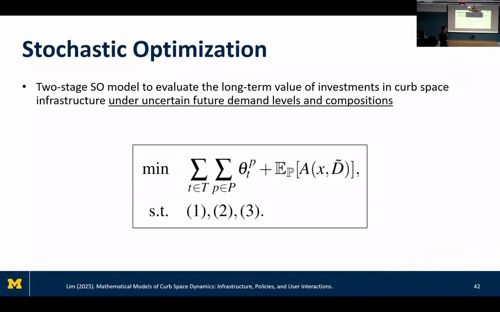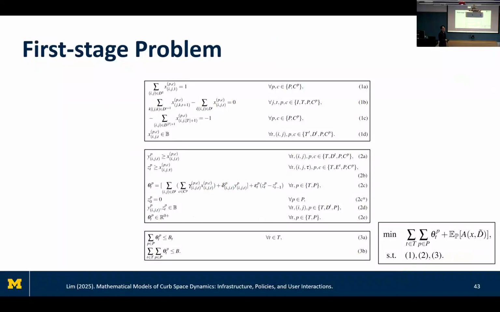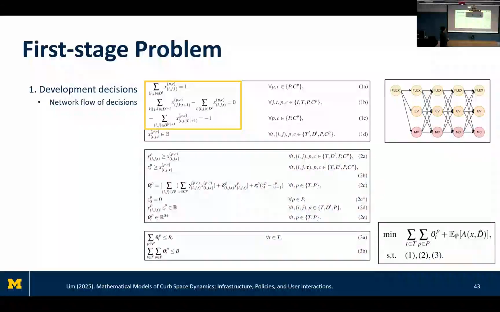So to overcome this challenge, I pose a two-stage stochastic optimization model where we try to overcome this uncertain future demand levels and compositions. In the first stage problem, we develop an infrastructure development plan. The first set of constraints is about development decisions, which I model with a network flow of decisions.